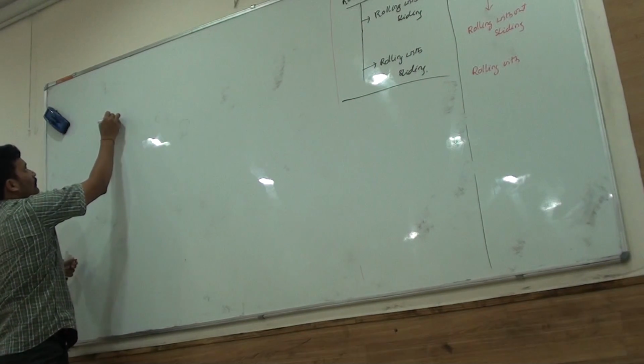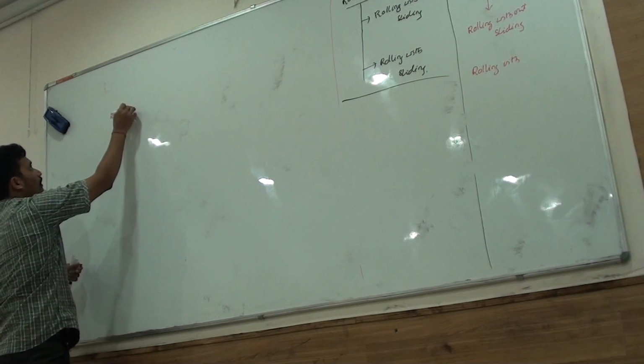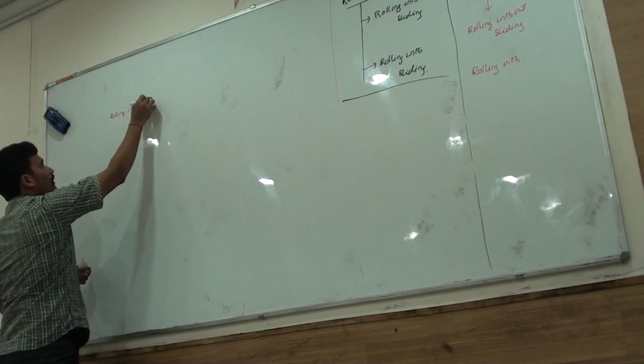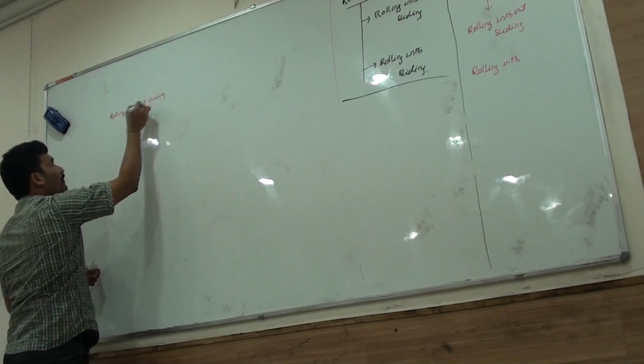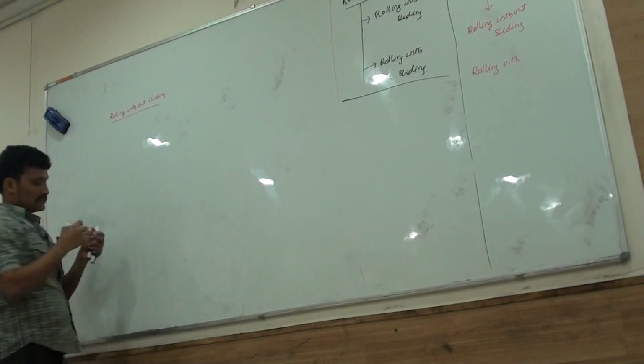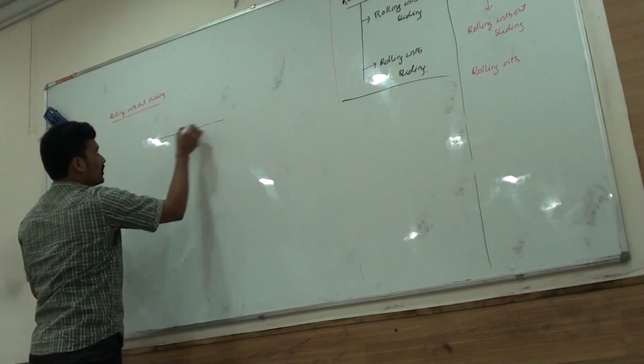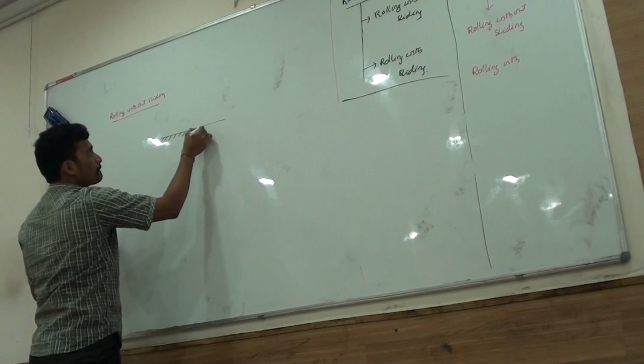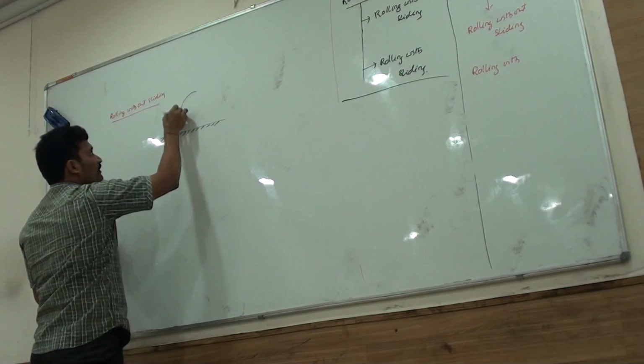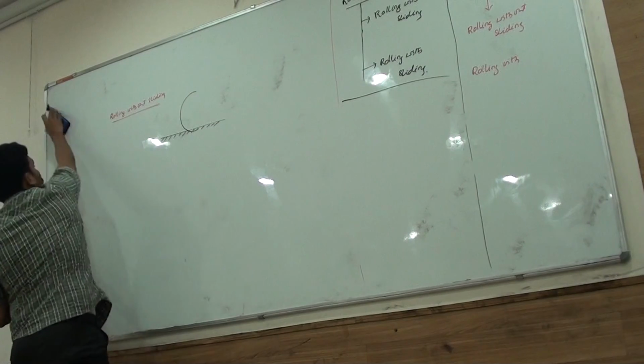Now let us discuss rolling without sliding. What is rolling without sliding? Let us observe this. We take this as the ground. Now we take any rounded object.